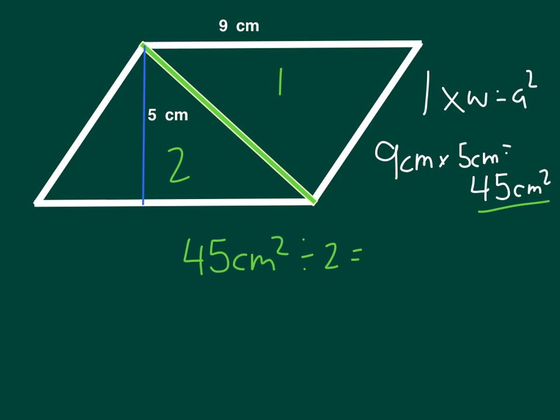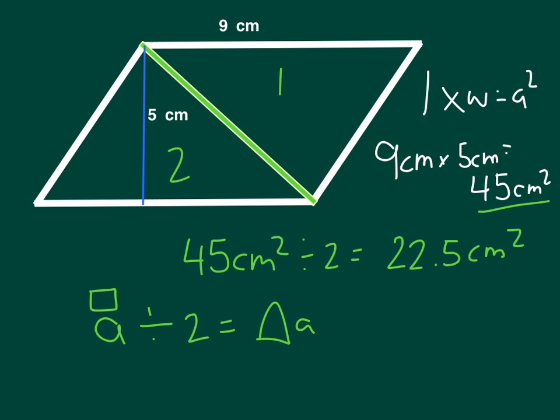And in this case, that's 22.5 centimeters squared. So basically what we're saying is area of a rectangle divided by 2 equals area of a triangle.